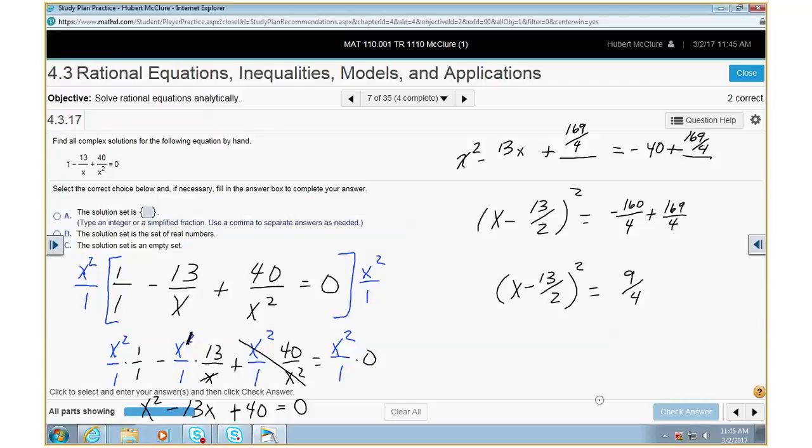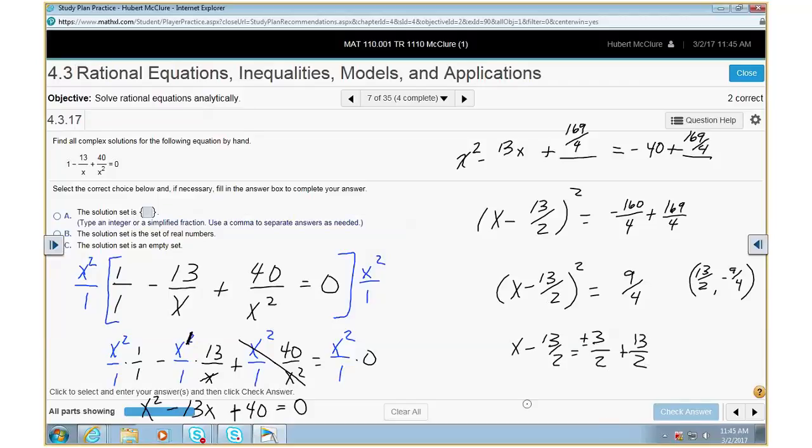So x minus 13 halves quantity squared is equal to 9/4. Vertex is 13 halves and negative 9/4. X minus 13 halves is equal to plus or minus 3 over 2, plus 13 over 2.